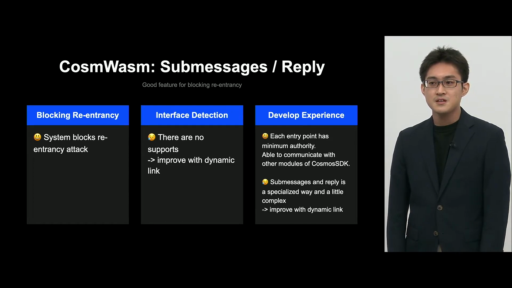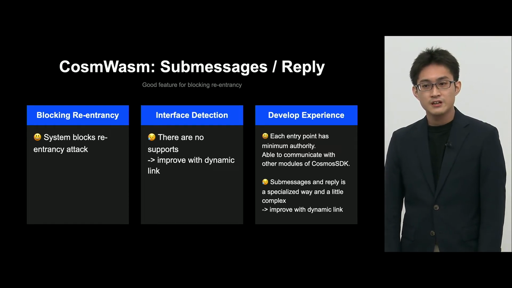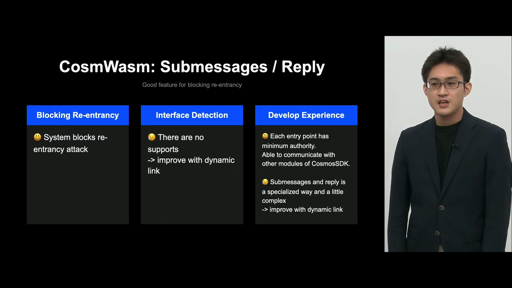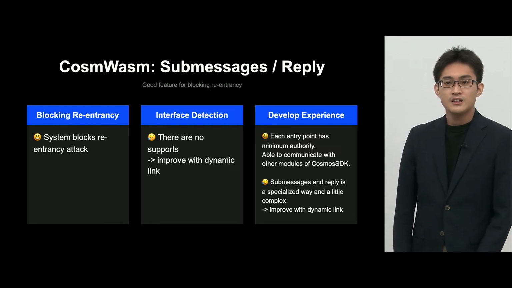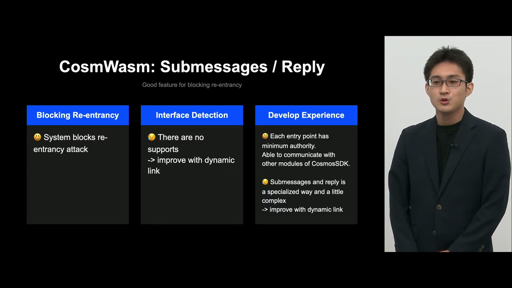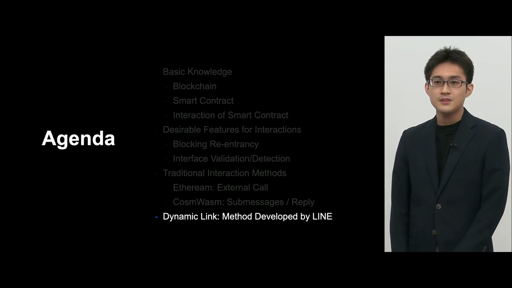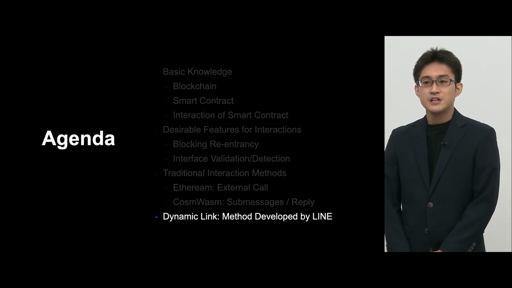But it is special and complex, so you have to really get used to this way in development. So by utilizing the advantages of WASM, we wanted to take advantage of the good development experience of Ethereum and also have support for interface detection. So we extended CosmWasm to develop the dynamic link.